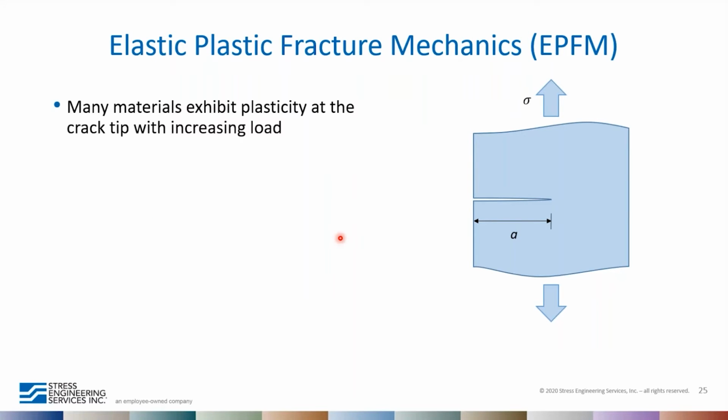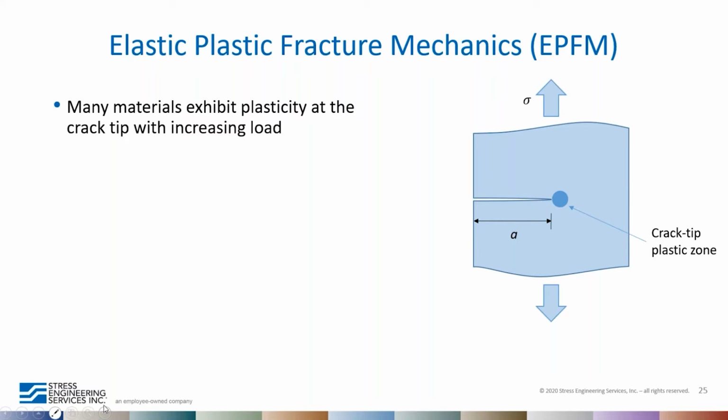All right, so many materials, let's talk a little bit about elastic plastic fracture mechanics. Many materials exhibit plasticity at the crack tip with increased loading. This plasticity represents additional energy that goes into the crack, which is not accounted for or predicted by linear elastic fracture mechanics.